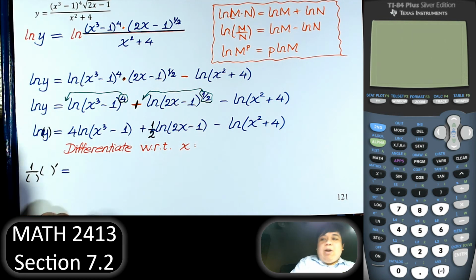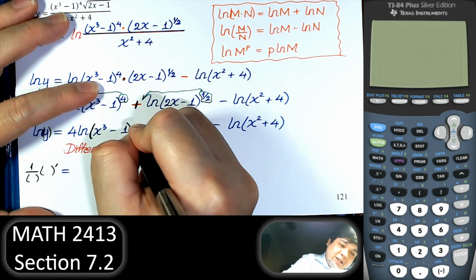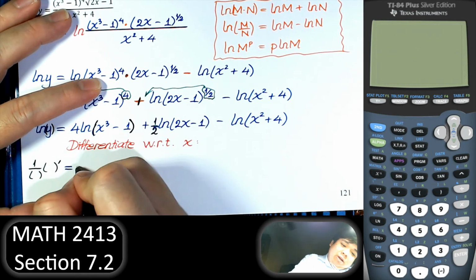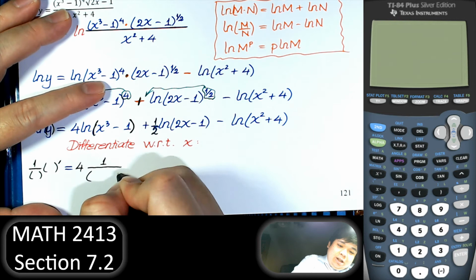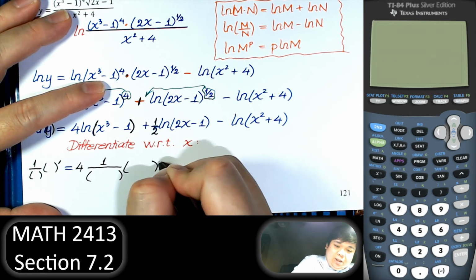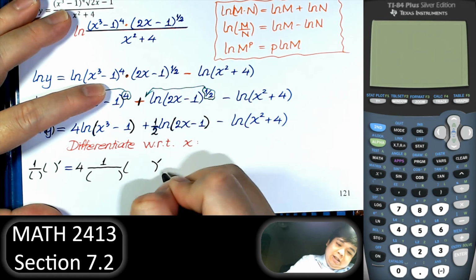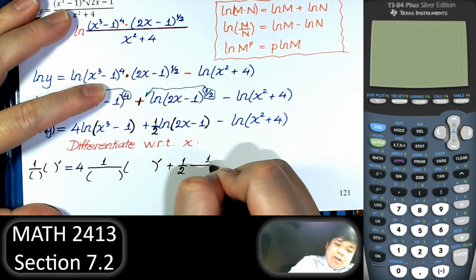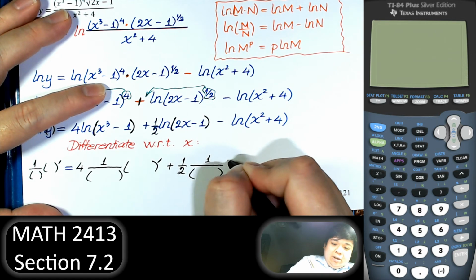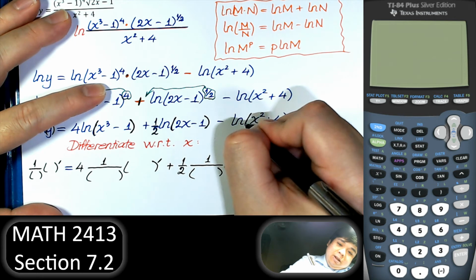Yeah, most of them like that. And put the parentheses here. It will be 4, 1 over the parentheses, prime. Same thing here. Plus 1/2, 1 over parentheses, prime. Minus, same thing here.